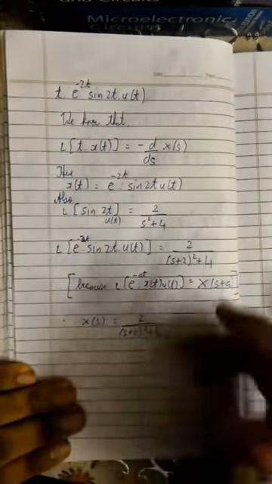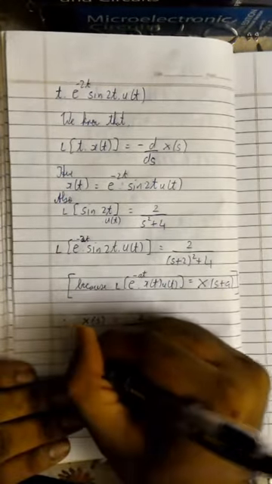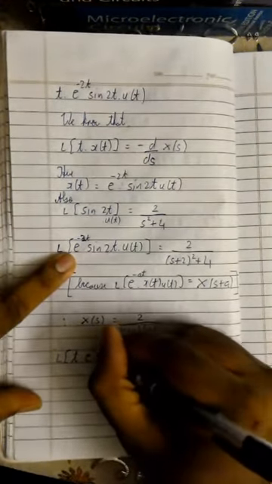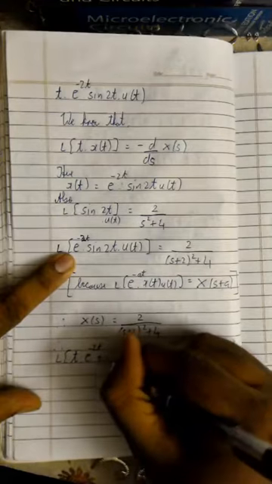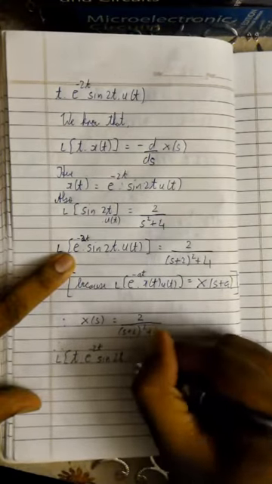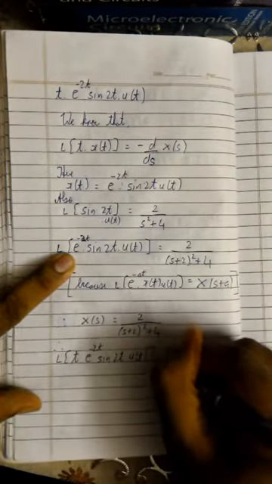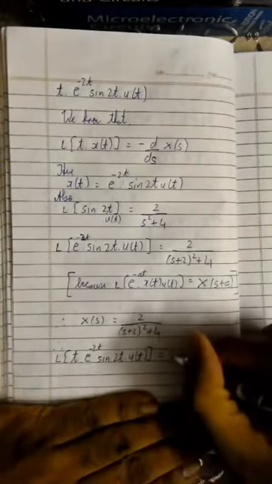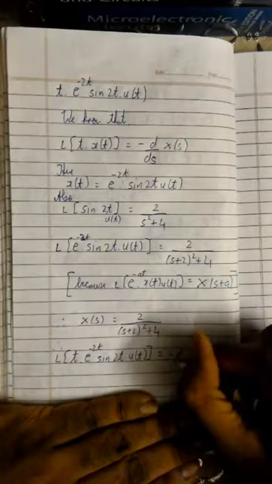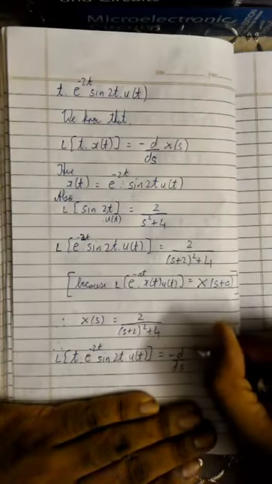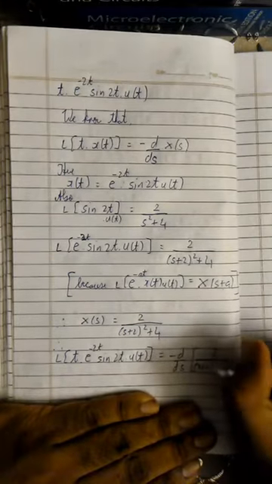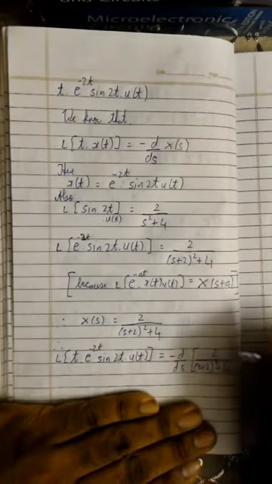So the Laplace transform of t into e raised to minus 2t sine 2t into u of t is equal to minus the differentiation of 2 by (s plus 2) the whole square plus 4.